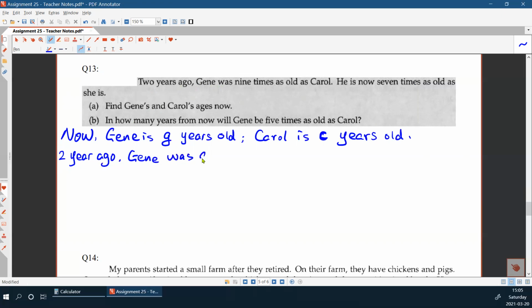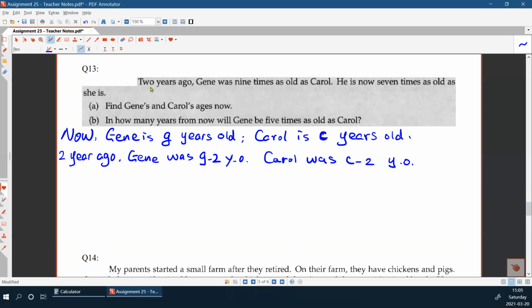Jean was G minus 2 years old, and Carol was C minus 2 years old, right? So we have 2 variables. We should have 2 equations to solve the 2 variables, right? So what are the 2 equations? They should come from the English expression.